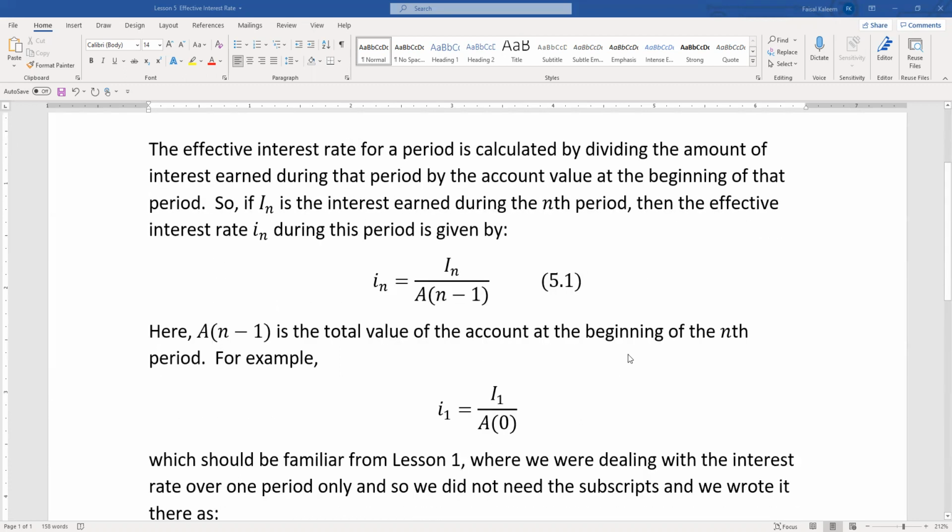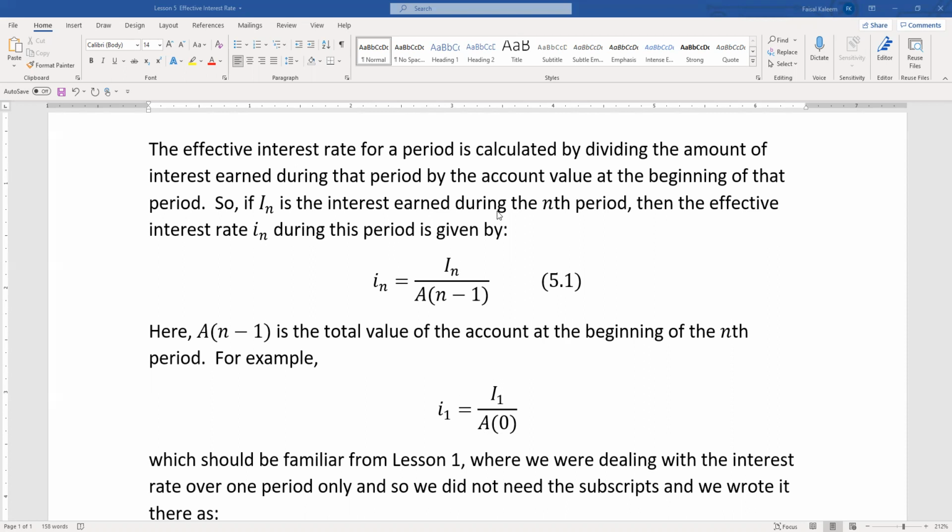So for example, the interest rate during the first period. As we mentioned early on, the little letters are for the rates and the big letters are for the actual dollar amount of interest. So little i_1 would be the effective interest rate over the first period, and according to this formula it would be big I_1, the interest earned during the first period, divided by A(0). And A(0) is the accumulated value at the beginning of the first period.